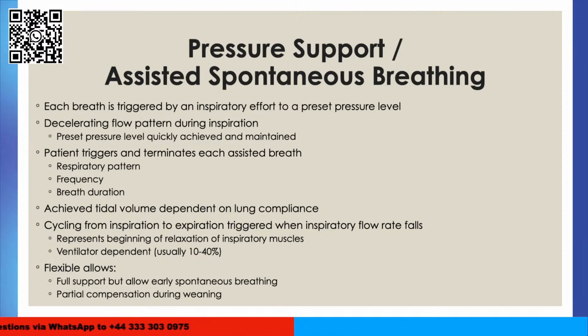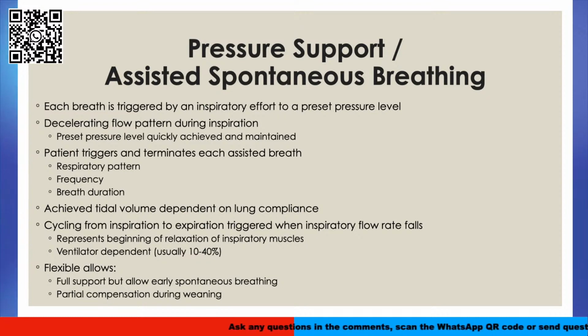This is a sort of flexible mode of ventilation, and it allows you to fully support the patient but allow early spontaneous breathing. It also can be used to support the patient when you're weaning, and some models of ventilator will use this to help wean the patient effectively, and will set its own weaning programme.